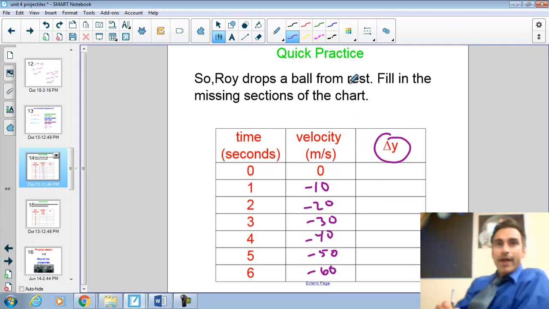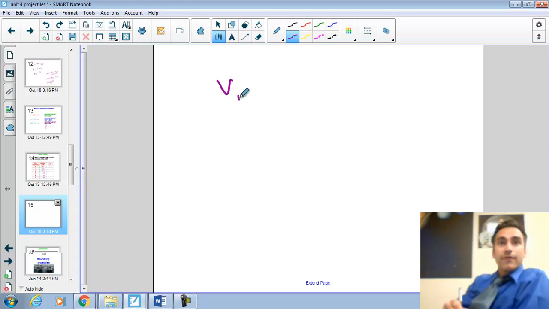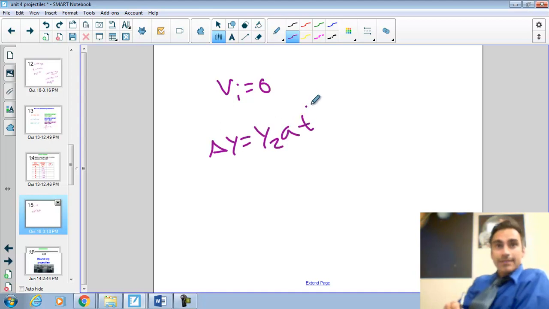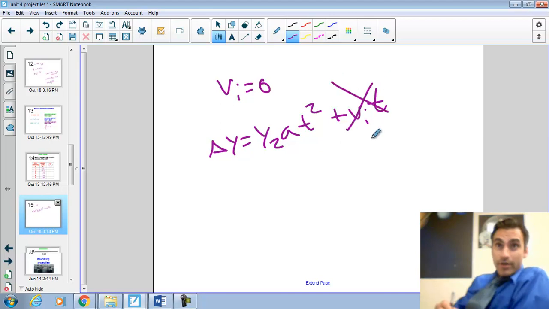Because we dropped it from rest, our velocity initial is 0. So we can use the delta y equals 1/2 acceleration times time squared plus velocity initial times time. Because the velocity initial is 0, we don't have to worry about that part of the problem.